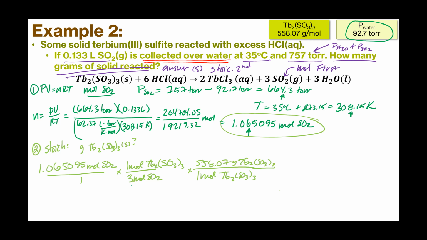This was given to us up there. And now we'll do our math, and say 198.133 grams. For 3 significant figures, this is 198 grams of Tb2(SO3)3.